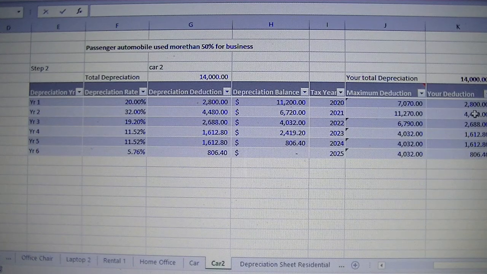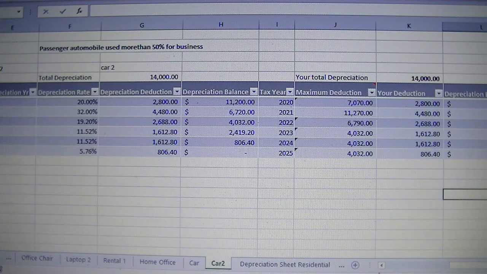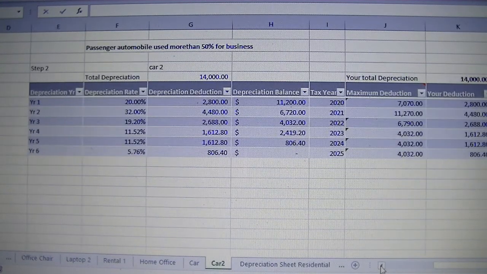By year 6, if the total claimed is less than the basis for depreciation, which is the portion of business and investment, you'll keep claiming the amount you claimed in year 6. You'll keep claiming as long as you keep using the car in the business for the same percentage, business and investment, year after year until you fully recover the business and investment use basis for depreciation, or until you stop using the car in the business.